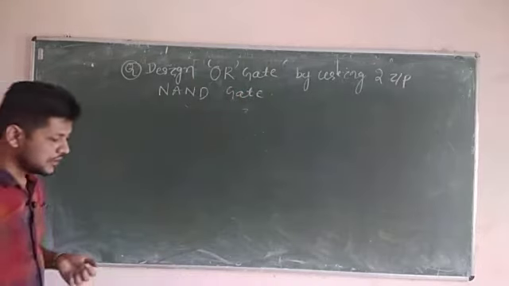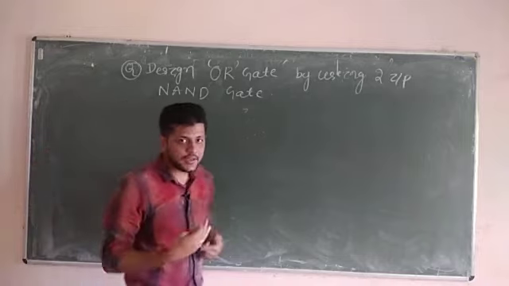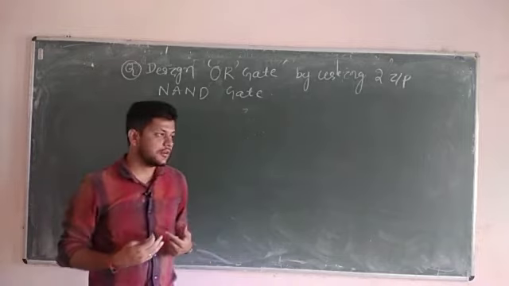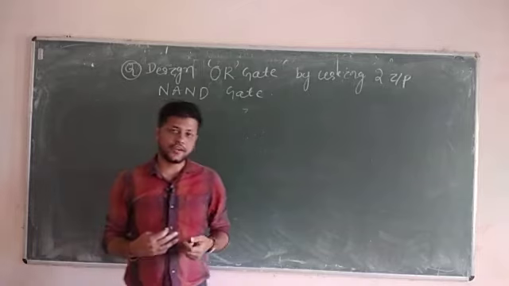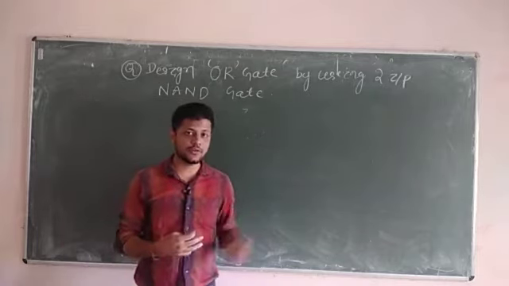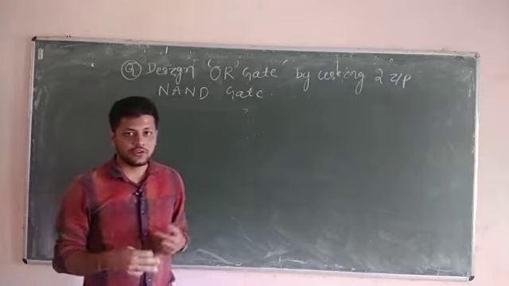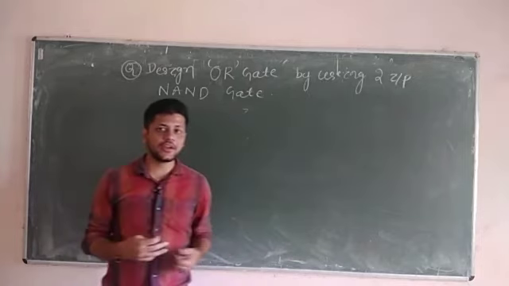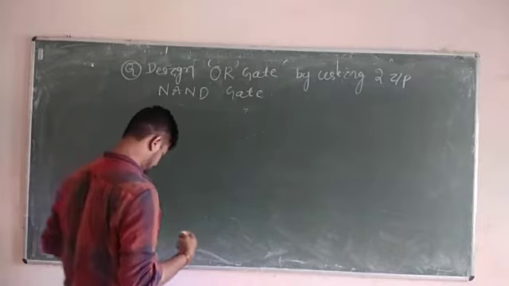That means you want to design a NAND gate circuit which is going to behave as an OR gate, and we also know the expression of the OR gate as well as the NAND gate. Now it's time to design or implement the OR gate by using NAND gates.